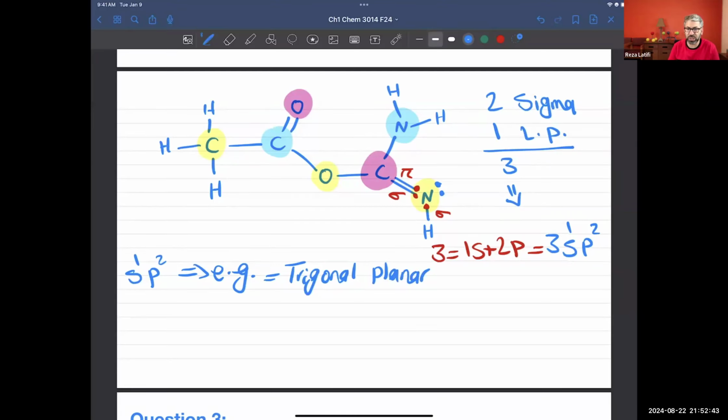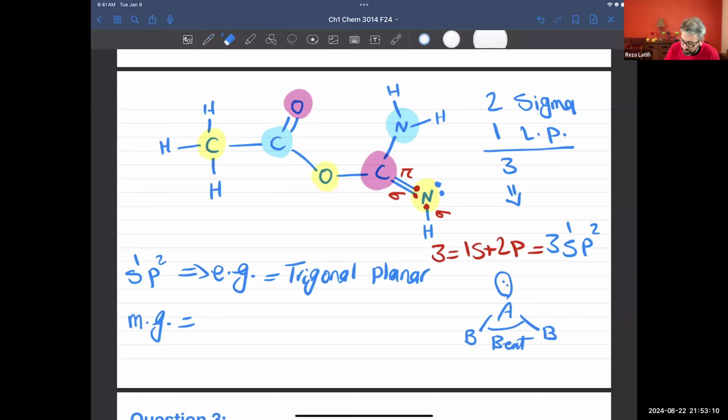But we have a lone pair. So what's going to be the molecular geometry? I have an atom A attached to 2 outer atoms, but there is a lone pair here. So what do I see? I see a bent geometry. So I'm going to say the real geometry will be bent.